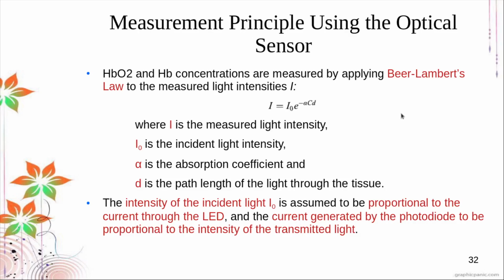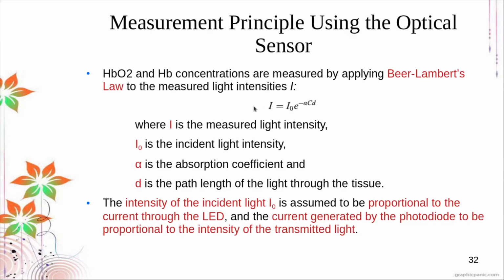So how do you measure your SpO2? Or how does the optical sensor sense the oxyhemoglobin levels? HbO2, this is oxygenated hemoglobin, and the hemoglobin concentrations are measured by applying the Beer-Lambert law. The Beer-Lambert law directly correlates the intensity of light with the concentration.